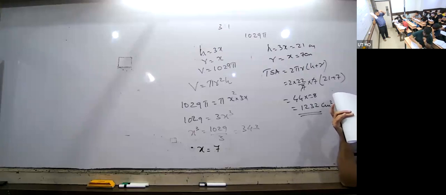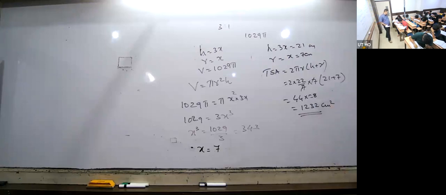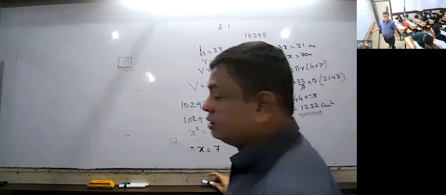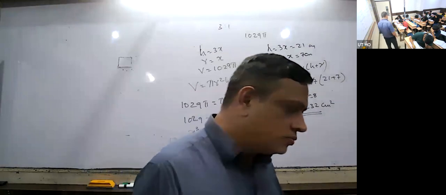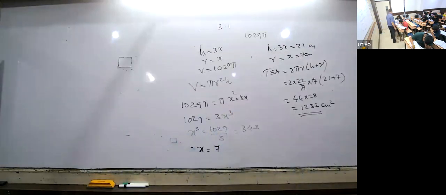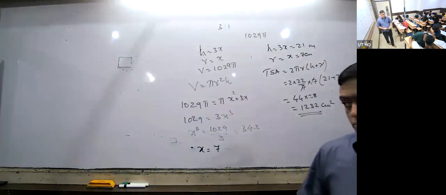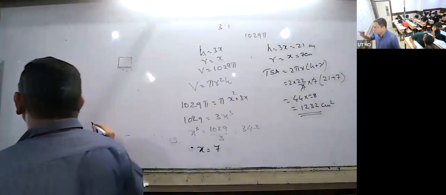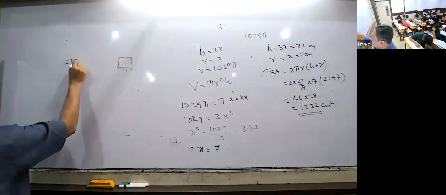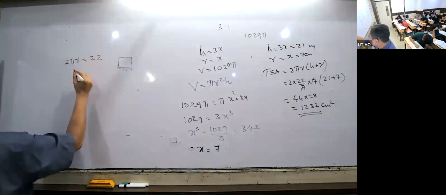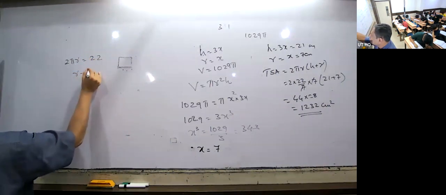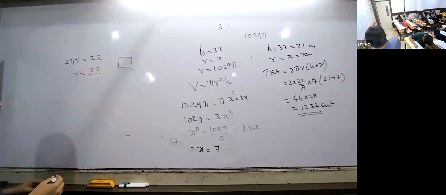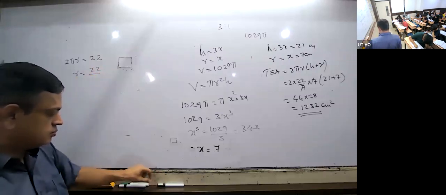Since the paper is rotated along the longer side, the circumference is equal to the length.